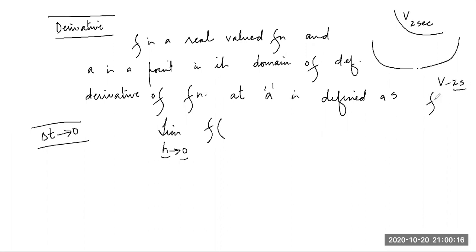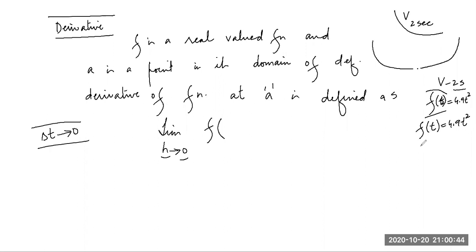In the last case f of t was distance and t is time. So f of t was 4.9 t square.